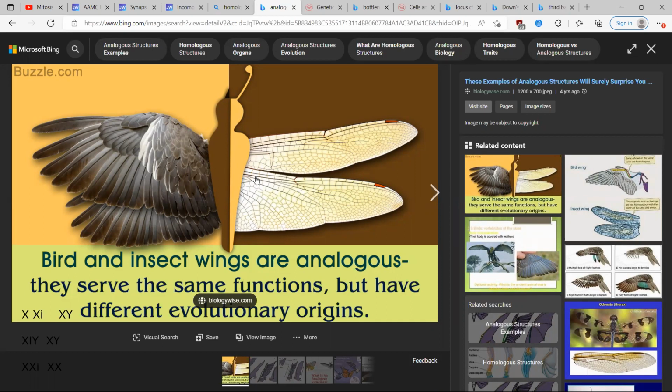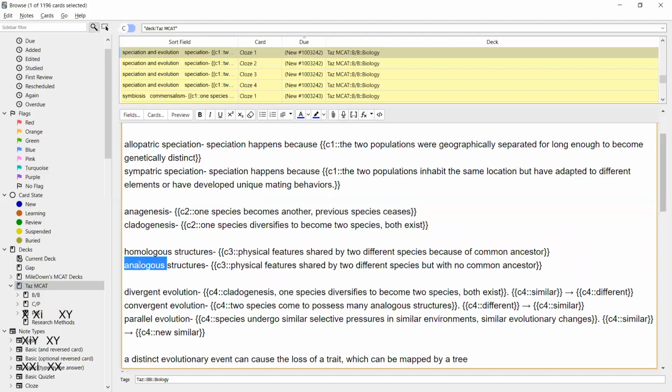It tells us that these guys did not evolve from the same ancestor and do not have the same evolutionary lineage, right? Just because they do the same thing, help with flying, doesn't mean that they evolved the same way. So these are analogous structures. Homologous, homo meaning same, from the same origin, common ancestry. Analogous, similar, but not coming from the same origin.